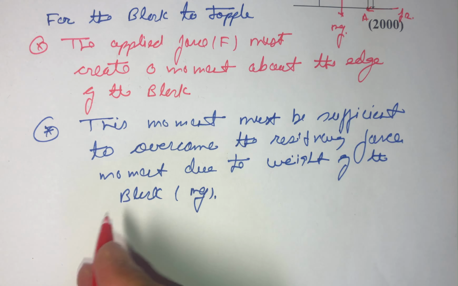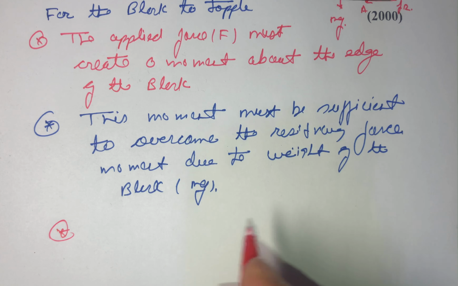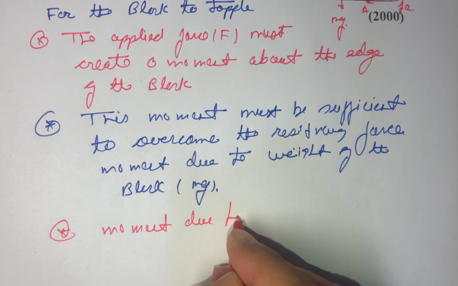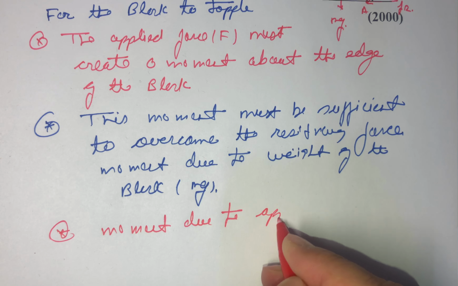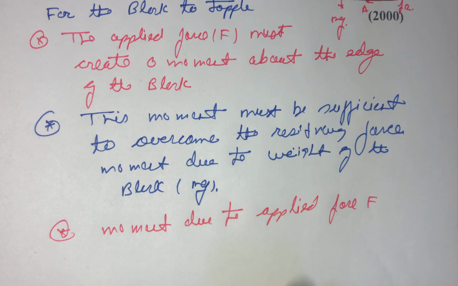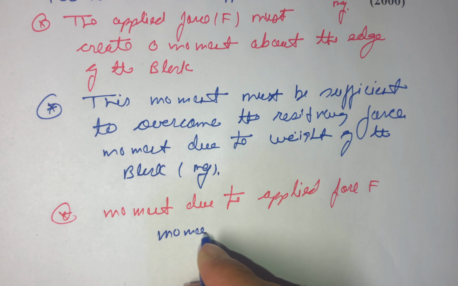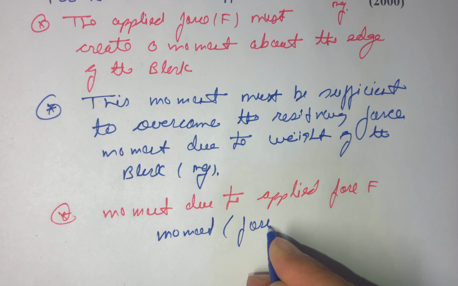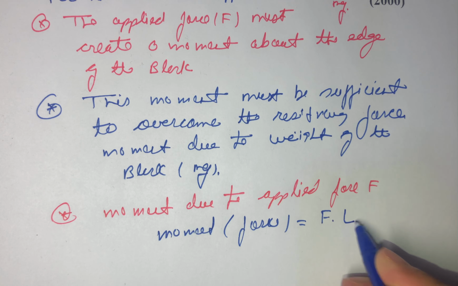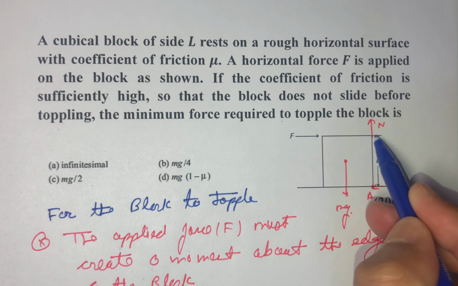We can say that the moment due to the applied force F, let us call this moment F, will be equal to F multiplied by the perpendicular distance L. So this is the line of action of the force.